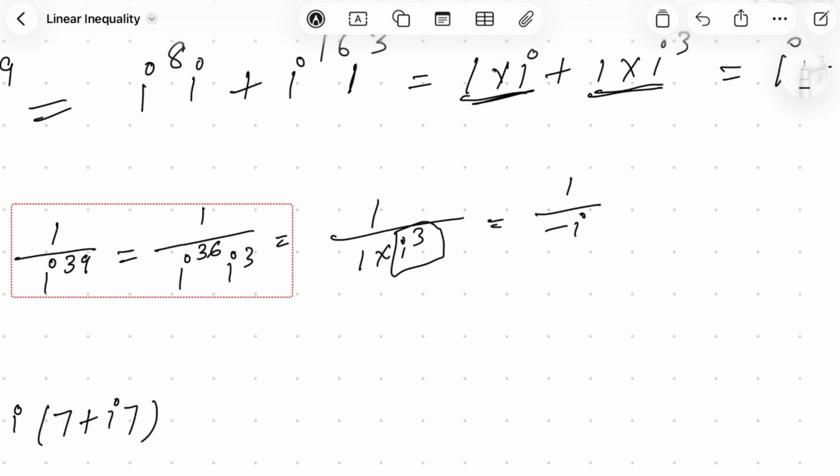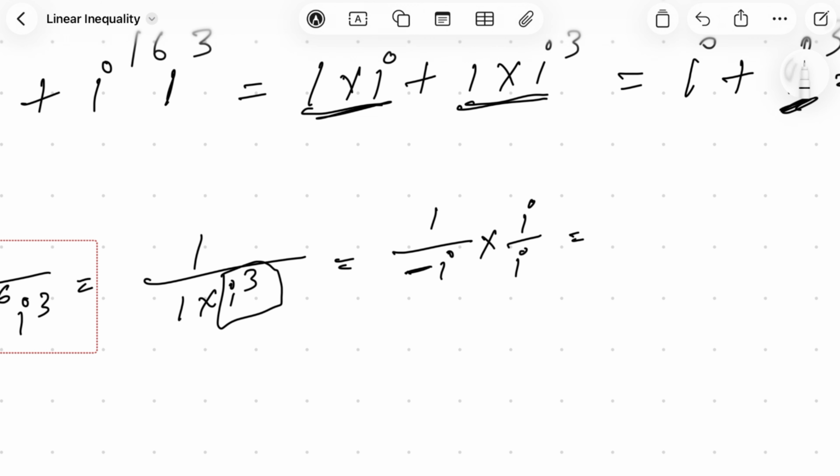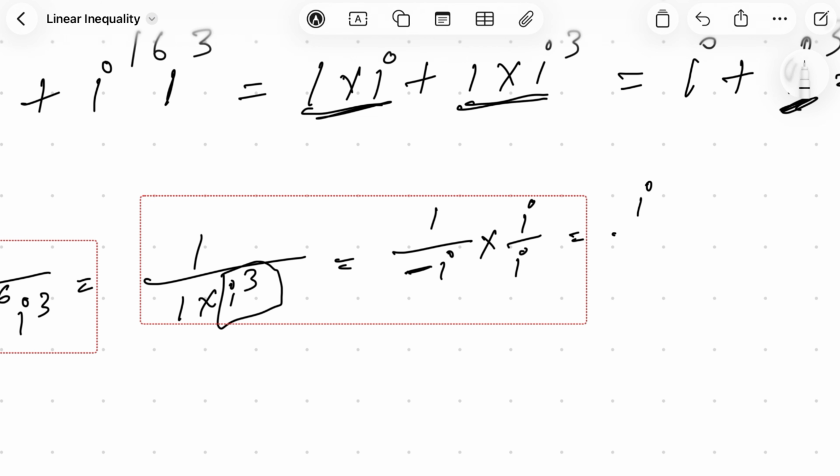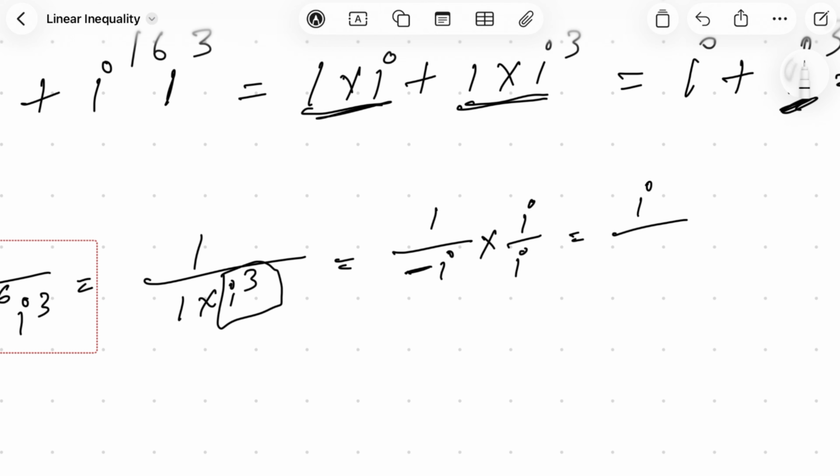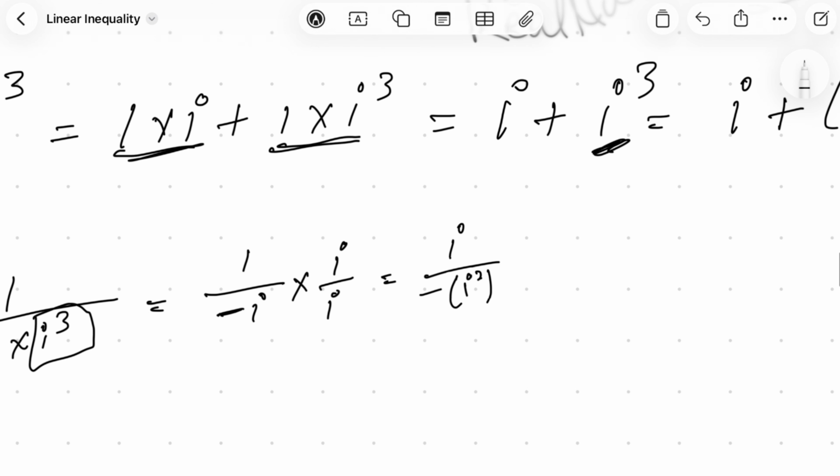Now we have a negative denominator, so we can multiply this with a positive i. We will get i in the numerator, and in the denominator minus i into i, which is minus i square. i square is minus 1, so it will be i by 1.